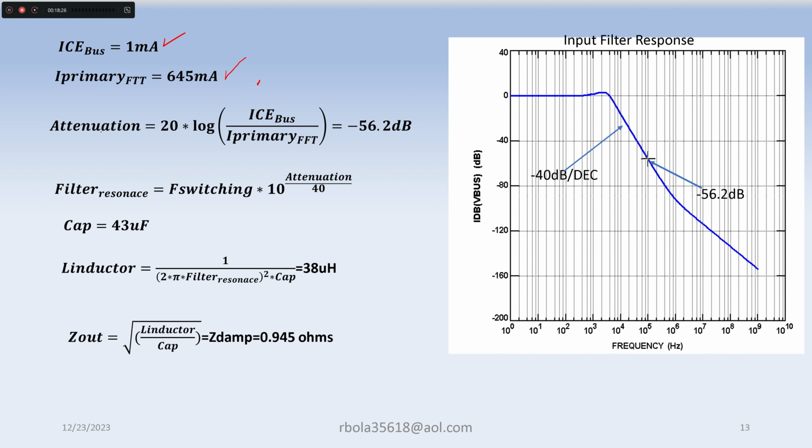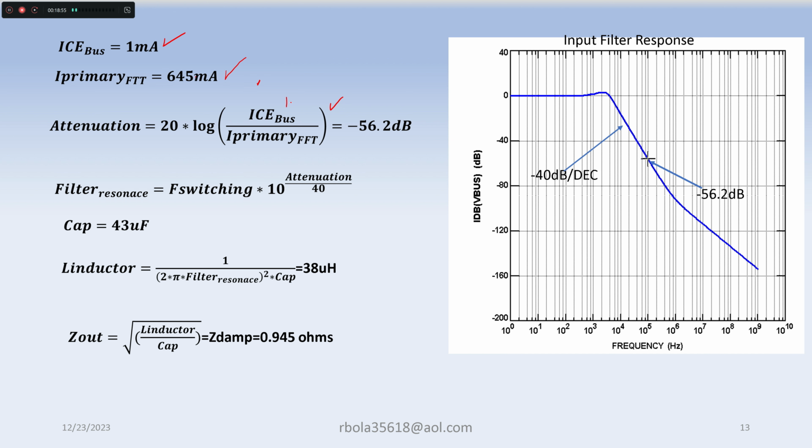So now we want to find out what kind of attenuation we need to achieve this goal. So basically, you use this formula, which is attenuation, which is 20 log of the ICE bus over the primary current.